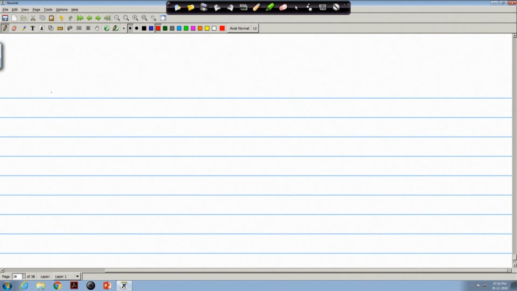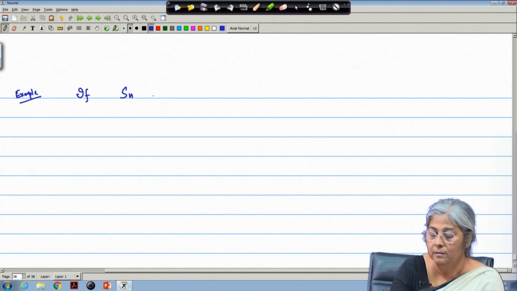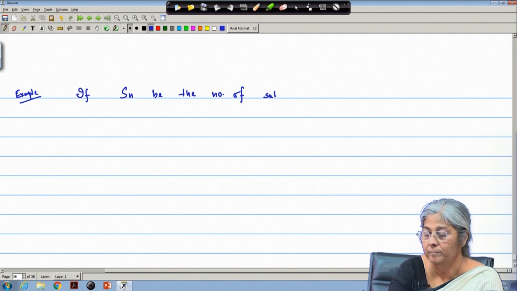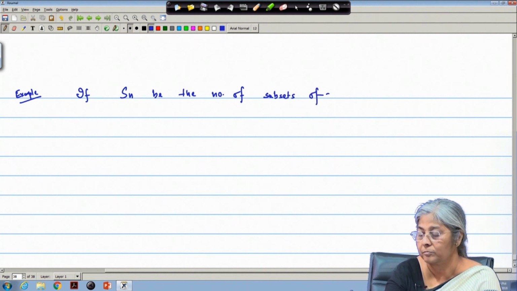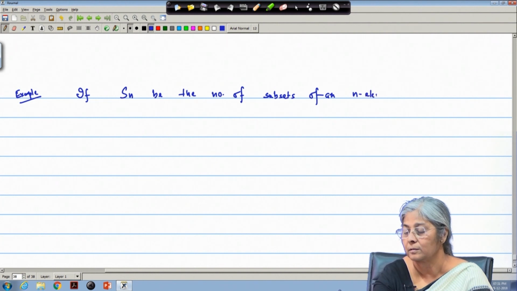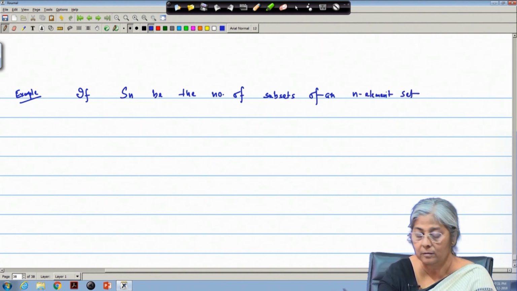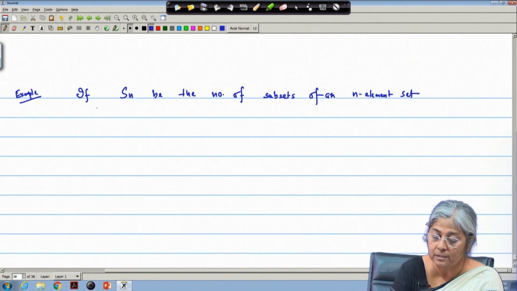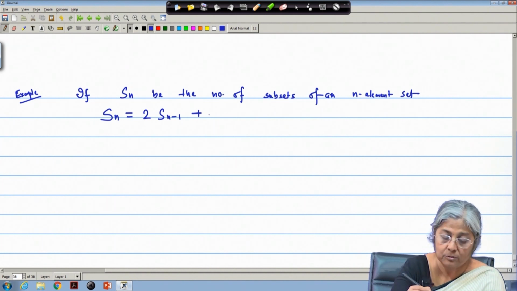If we remember the example that we have given, if S_n be the number of subsets of an n element set, then we have framed the recurrence relation S_n equal to 2 S_{n-1}.